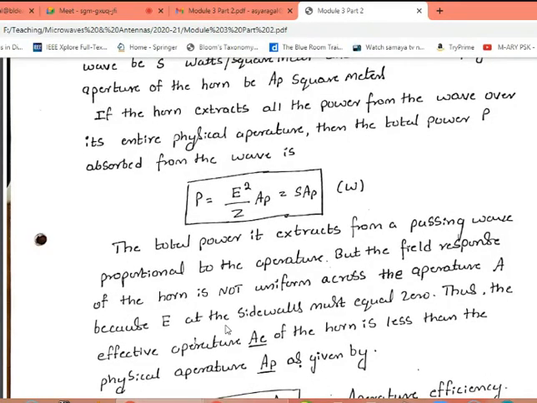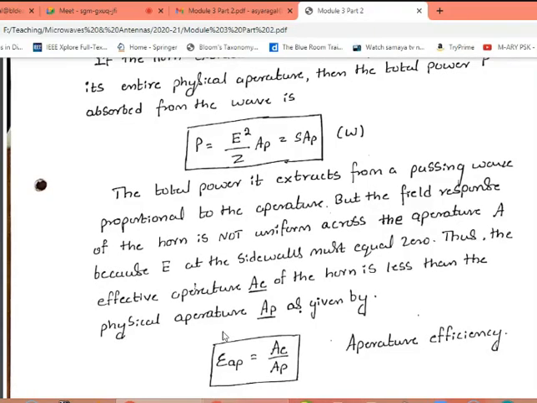But the field response of the horn is not uniform. Remember, the response we get from the physical area of the horn antenna may not be uniform. So the electric field at the side walls must be equal to 0.